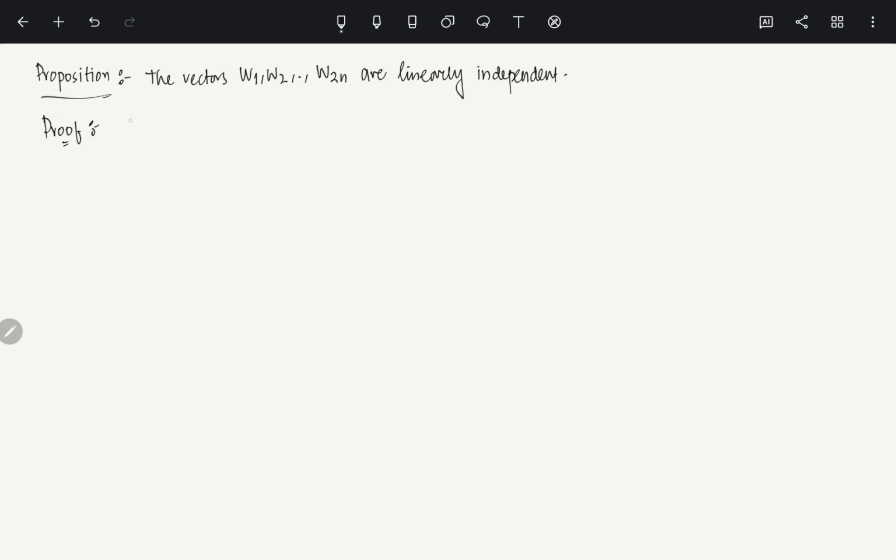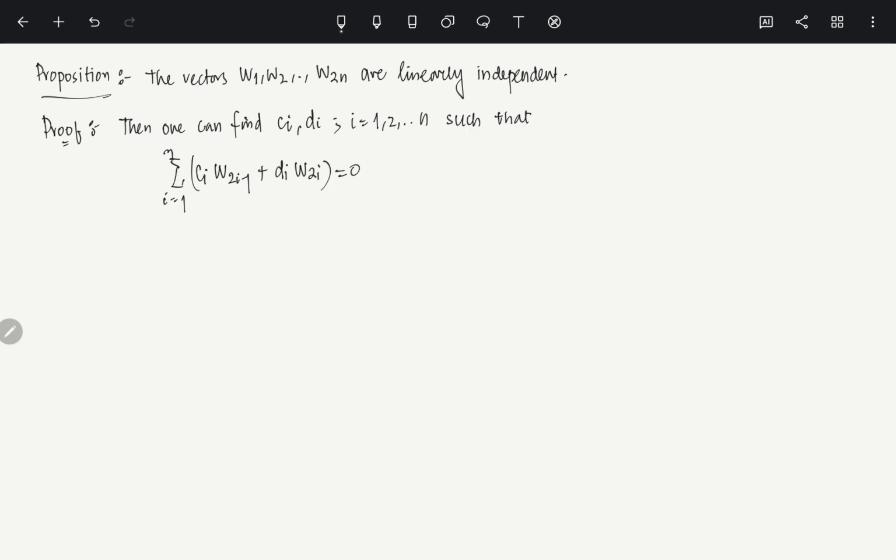So let's say that they are not, right? Then one can find c_i, d_i, i equals 1 to n, such that the summation of c_i W_{2i-1} plus d_i W_{2i}, i equals 1 to n, is 0.